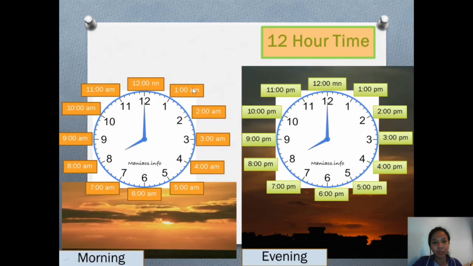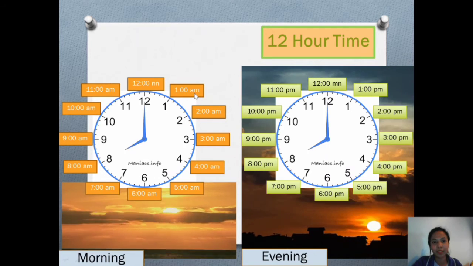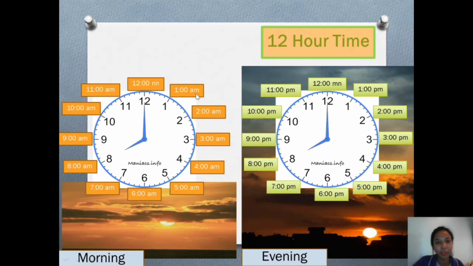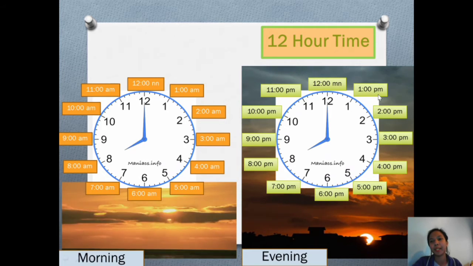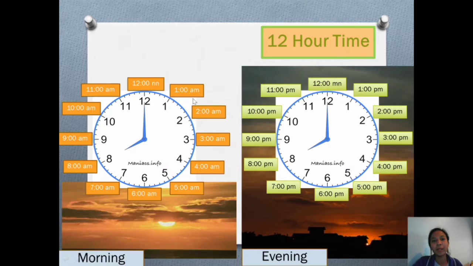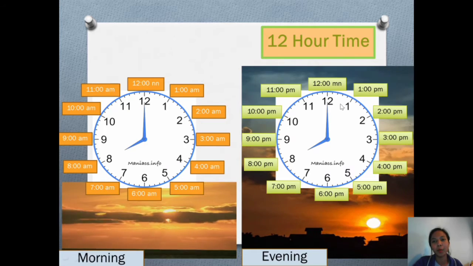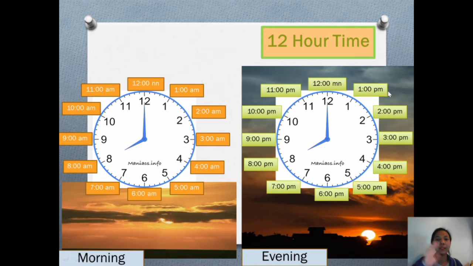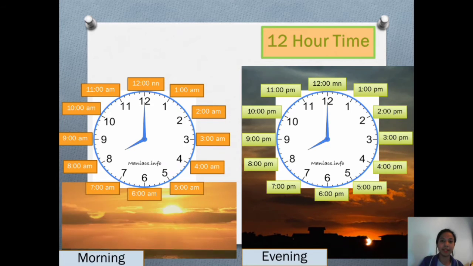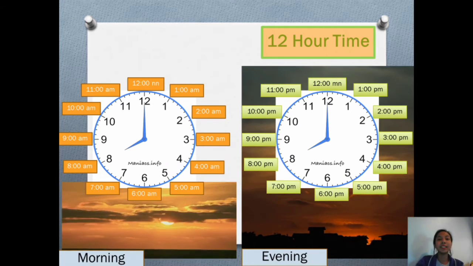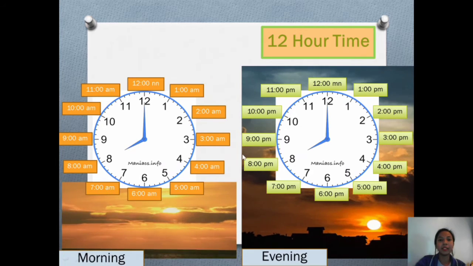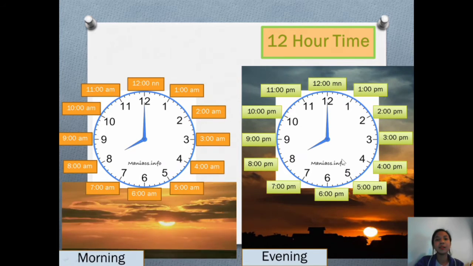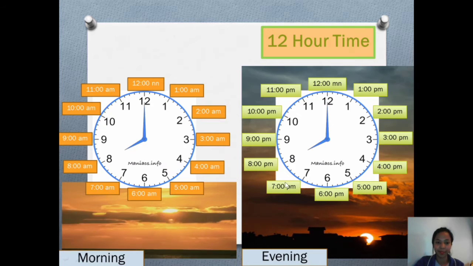You just need to change these 2 letters, AM and PM. So by writing AM or PM, you will know if it's morning or afternoon or evening. So this is about how to write the 12-hour time.